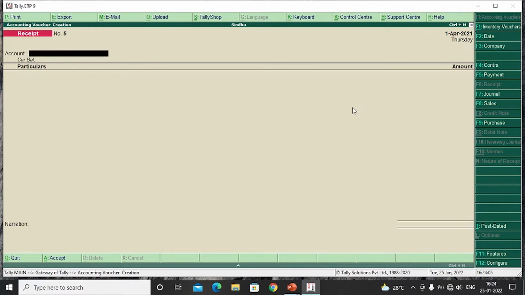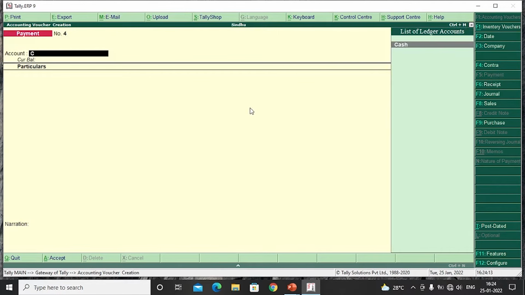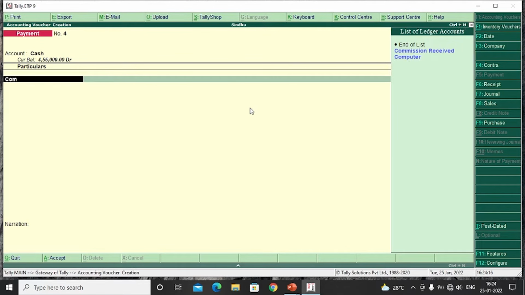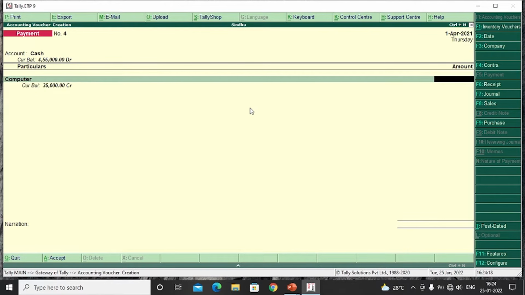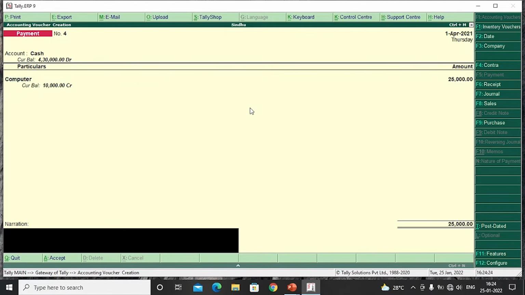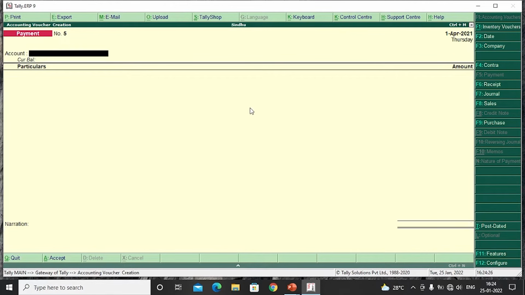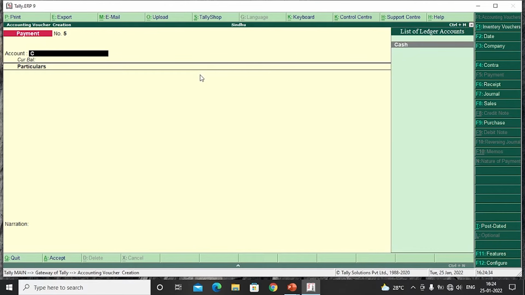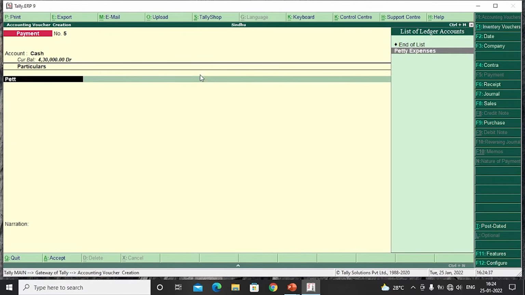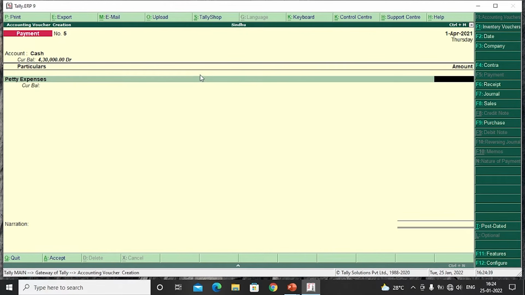Computer purchased 25,000. It should be entered in a payment voucher since we are purchasing this. Cash, computer, 25,000. Petty expenses, it is an expense, so entered in a payment voucher, cash, petty expenses, 1,000.